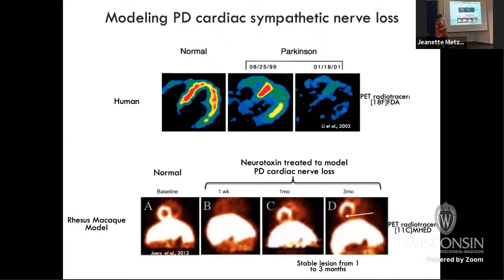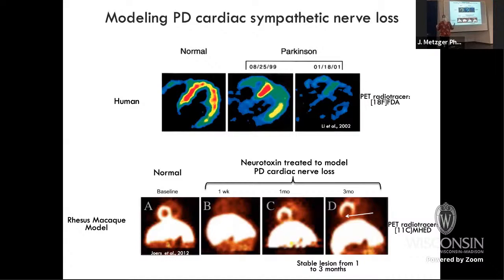This was imaging that was performed by a previous graduate student in the lab, Dr. Valerie Jors. So it was her thesis research that actually created the non-human primate model that I'll be talking about today. And this is just a representative image from her work. What it shows is that we can, first of all, see the heart in a non-human primate using a radiotracer. In this case, slightly different. This is carbon-11 metahydroxyephedrine. This looks a lot like norepinephrine, but similarly, it's taken up by neurotransmitter transporters on sympathetic terminals.